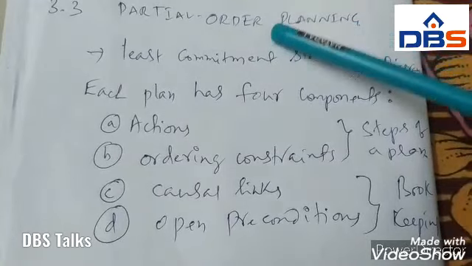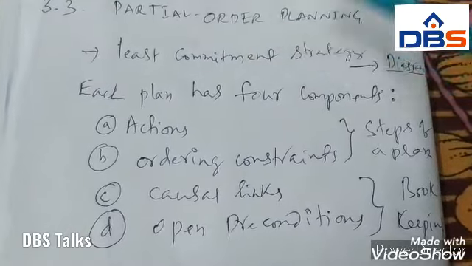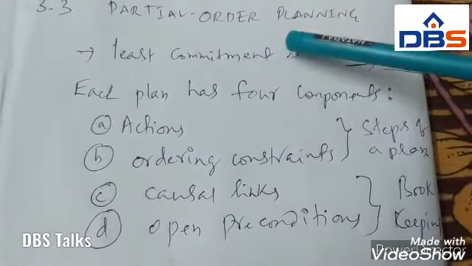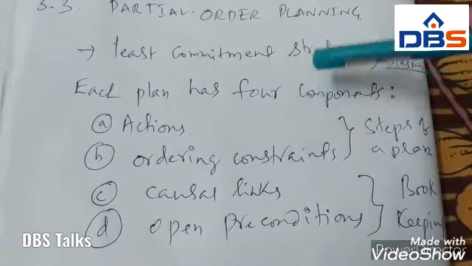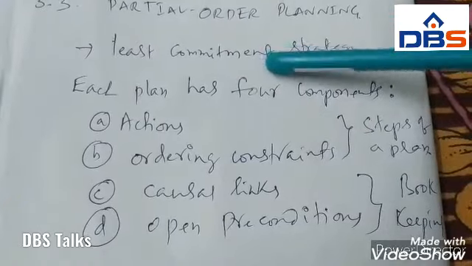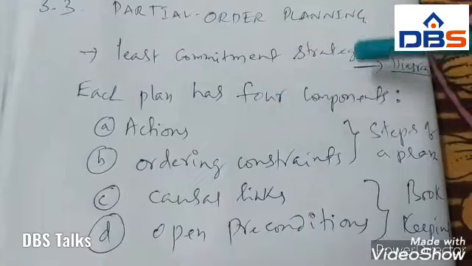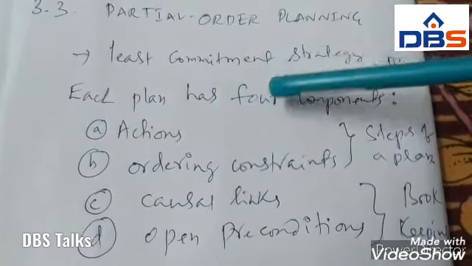Here in planning problems, everything is considered as a plan or a sub-plan. But in partial order planning, we divide the problem into sub-problems, and then independently those sub-problems are solved and finally joined into one solution.